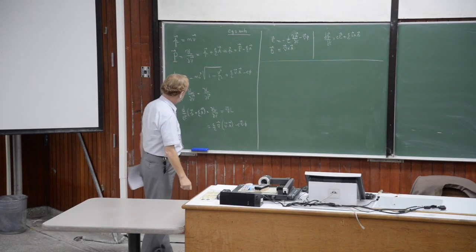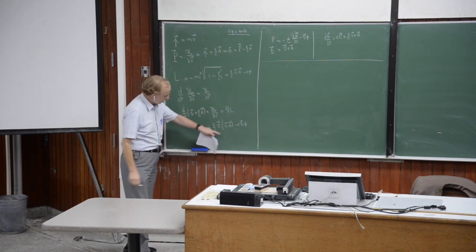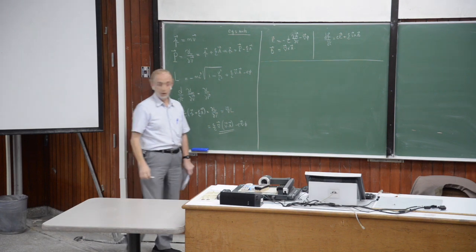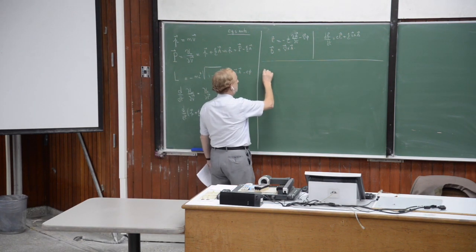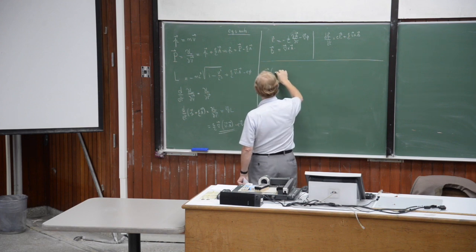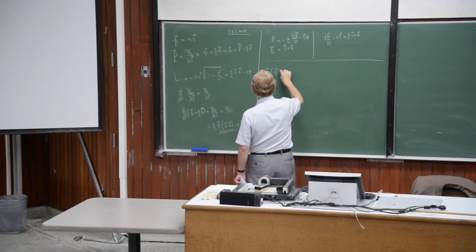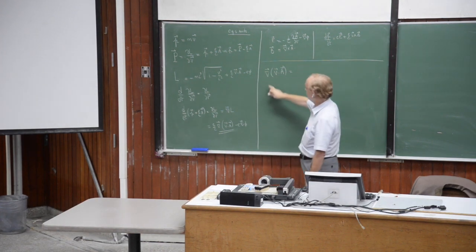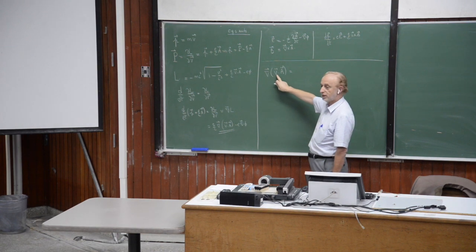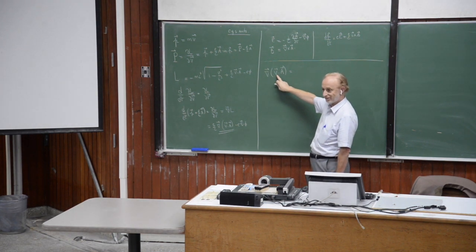So, first of all, what is this? The gradient of v dot A, it's a long formula, but for our purpose, when I'm differentiating with respect to r, I'm taking the gradient at v equal to constant.